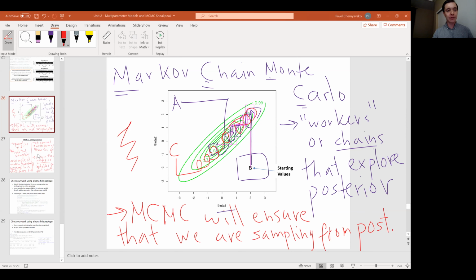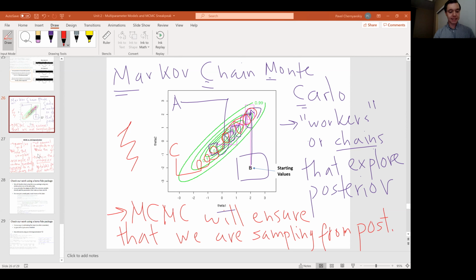Each chain gives me a separate random sample of 5,000 samples, where the probability that a particular combination of parameters makes it into my sample is equal to the posterior probability, and I'm sampling with replacement.